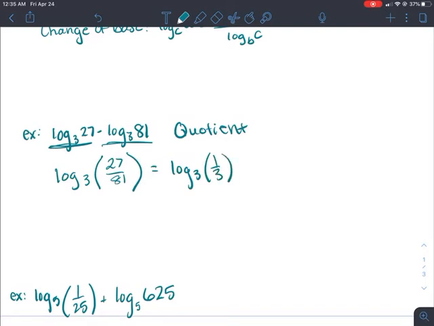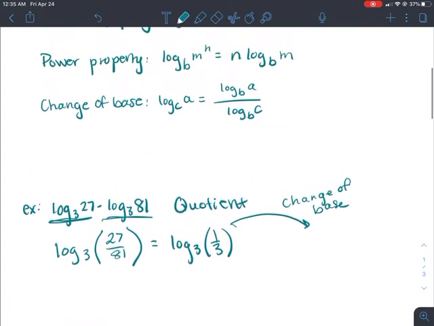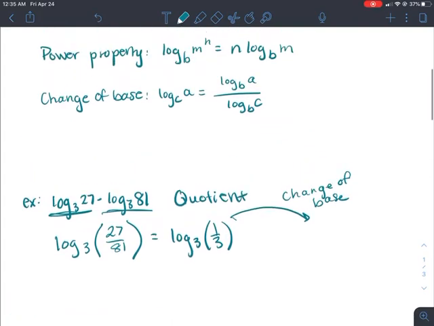Then I'm going to use the change of base formula. Basically, I'm going to take C, so log base C of A, where C is equal to 3 and A is equal to 1/3.